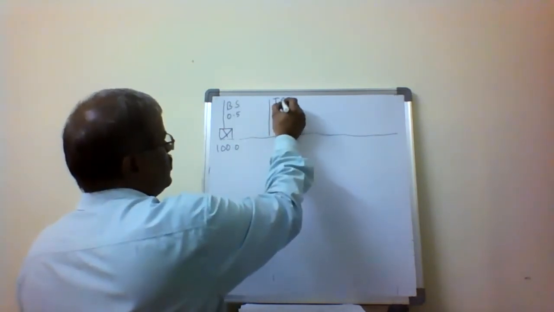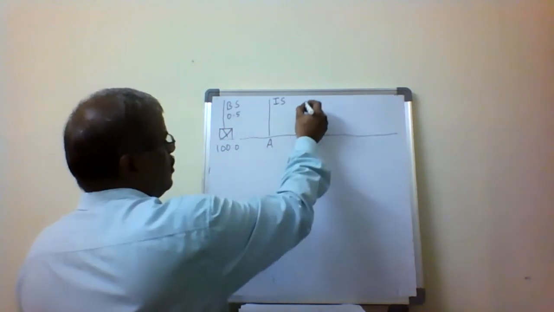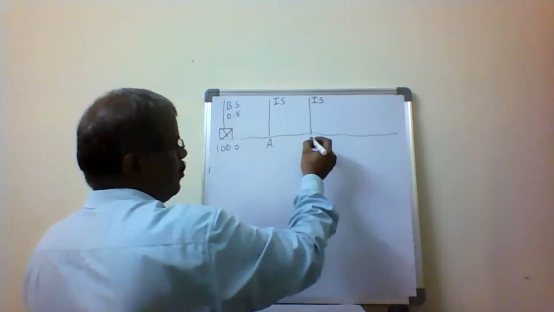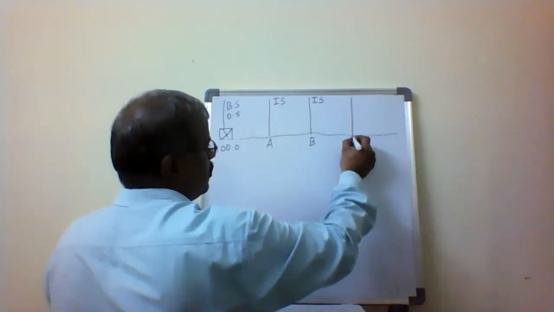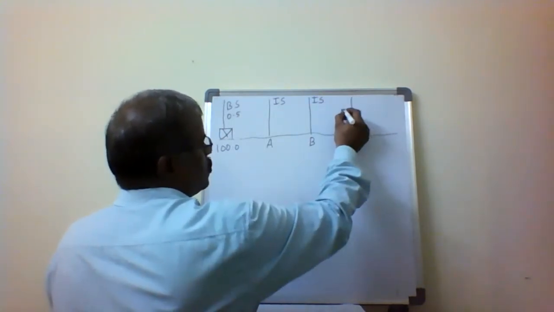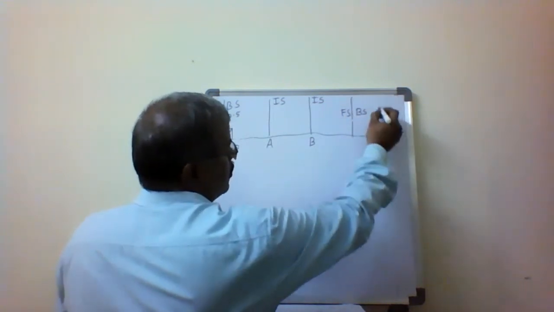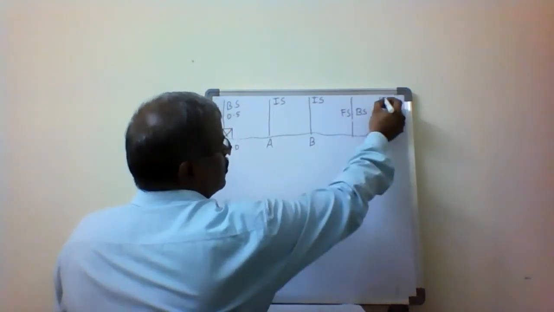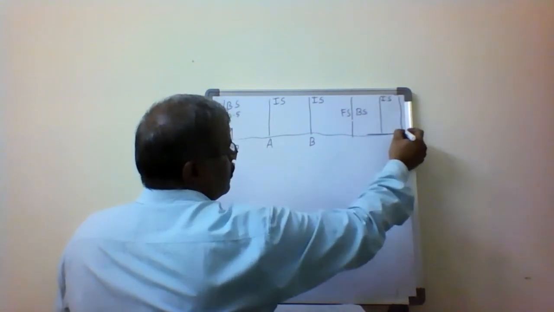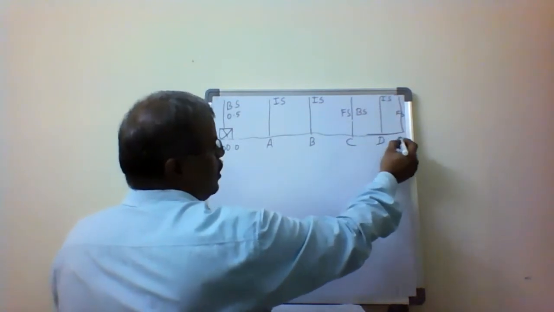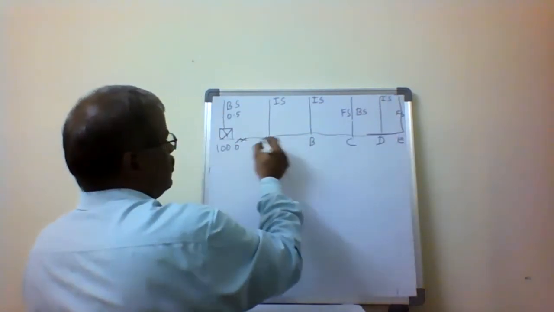Then an intermediate sight at point A, an intermediate sight at point B, a foresight and backside, an intermediate sight and a foresight. The points are A, B, C, D and E. This is the ground.